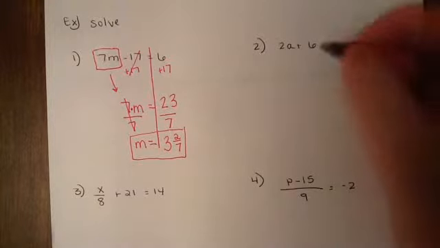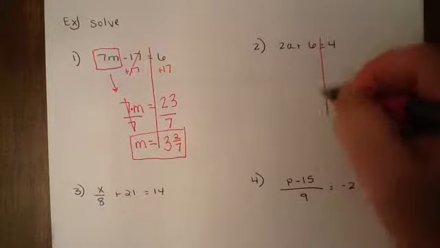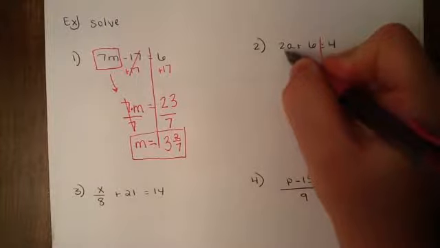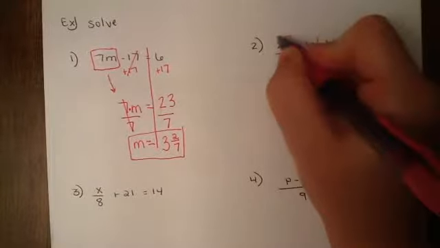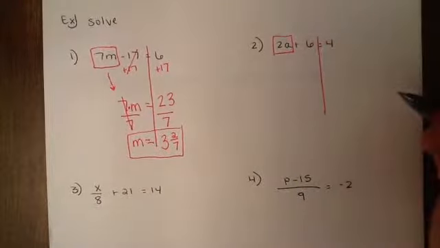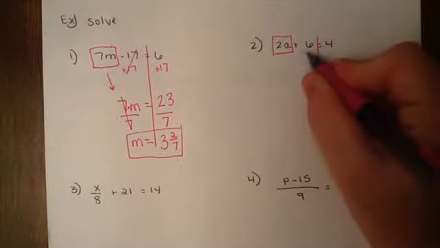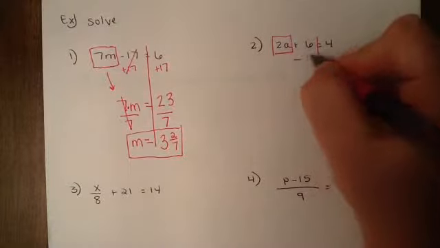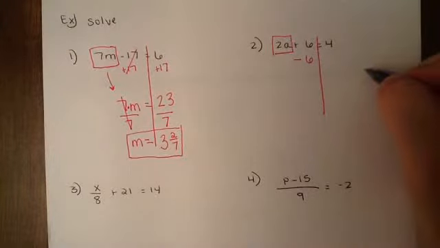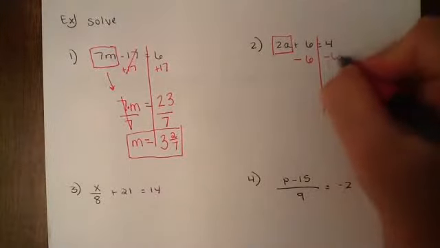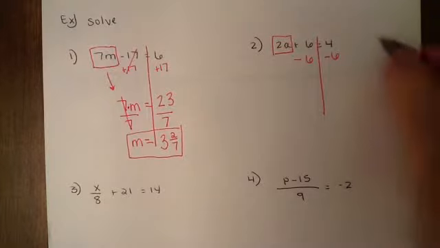Let's see how you did. If I find my variable, which one is attached with the variable? The times 2. So what piece did you get rid of first? And how do you get rid of a plus 6? Minus 6. What I do on one side, must do to the other.